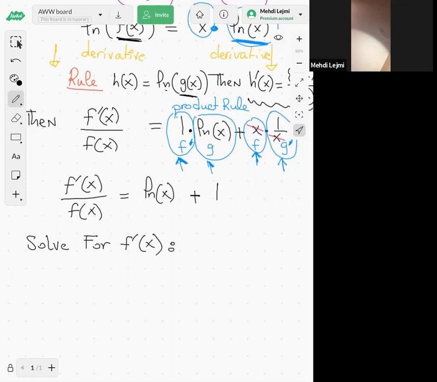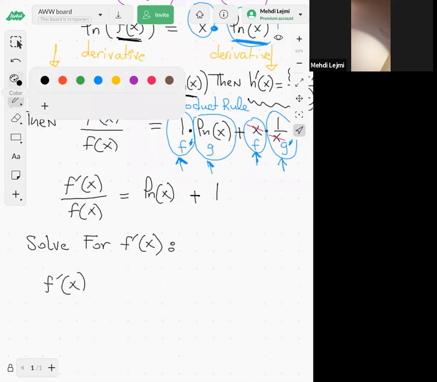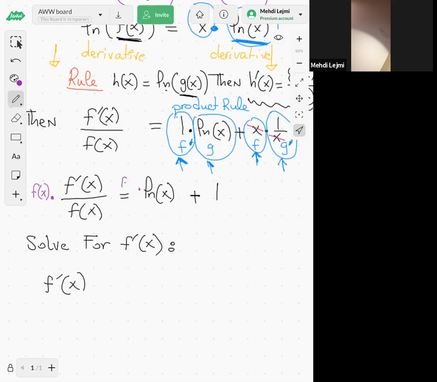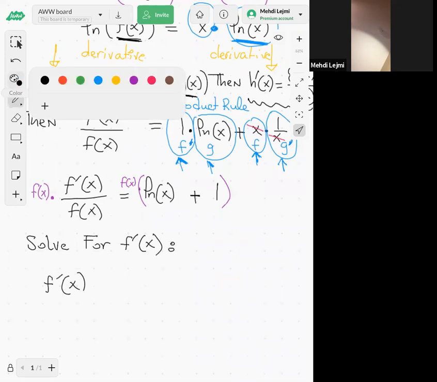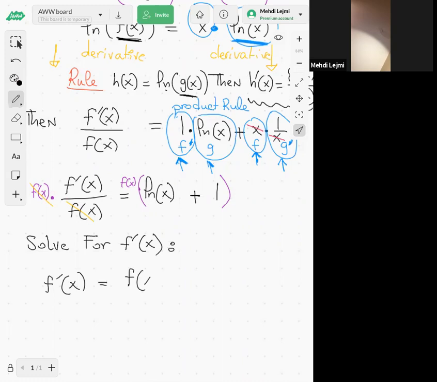So then for f prime of x, all you have to do now is multiply both sides by f. Of course, the whole thing here by f, right? If you multiply the left side by f, your f just cancels out. So that will be just f prime. And then on the right side, we're going to have f of x times natural log of x plus 1.